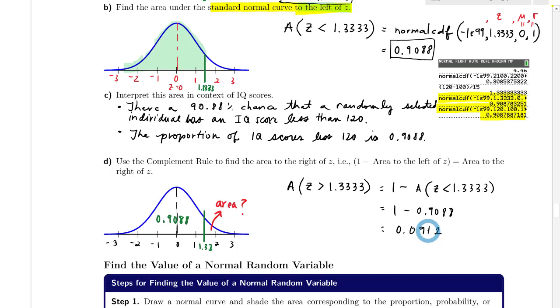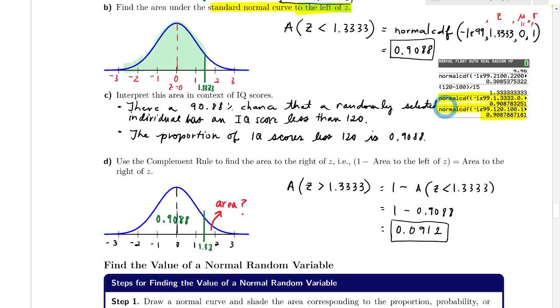So if you ever want to find the opposite, you just subtract it from 1 because the total area under the curve is 1. So if it's 0.9088 here, then 1 minus that will give you this little tiny tail, which is 0.0912. You don't really need a calculator for that. With normal CDF, all you need to do is subtract it from 1.